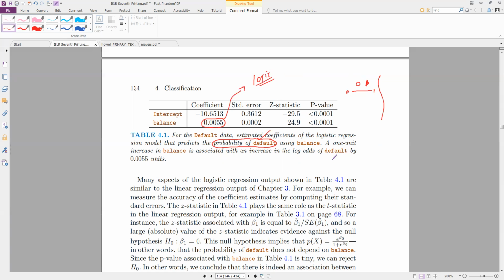So how can we interpret this coefficient for balance? Well, we can say for a 1 unit increase in balance, the corresponding change in the logit is 0.0055, right? That's different than in traditional regression, where we would say for a 1 unit increase in balance, we expect y to change by this.